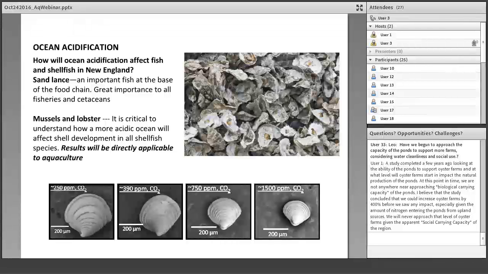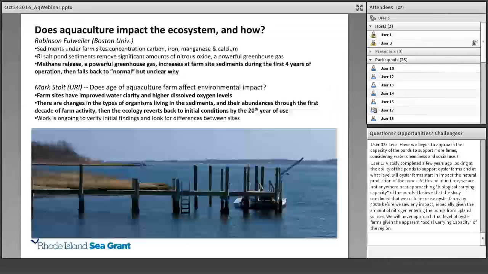And so we are funding a couple of research projects, one looking at sand lance, because as ocean acidification increases, the shellfish become stressed, have a hard time grabbing calcium out of the water to make important things like shells and skeletons. Those, again, are just starting, but we're also looking at lobsters and mussels, another couple of important species, and the results of those will be directly applicable to aquaculture here in the Rhode Island area.